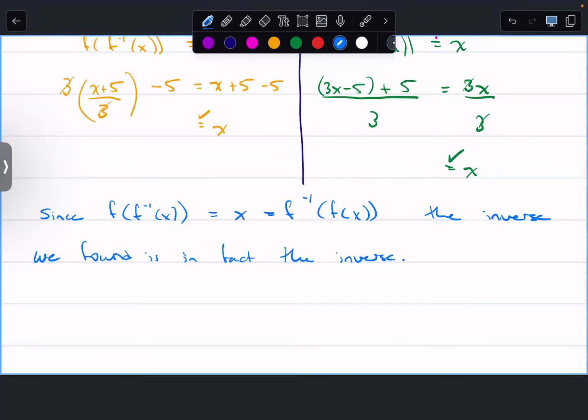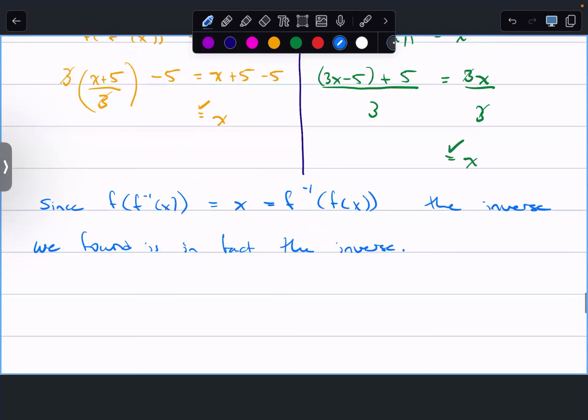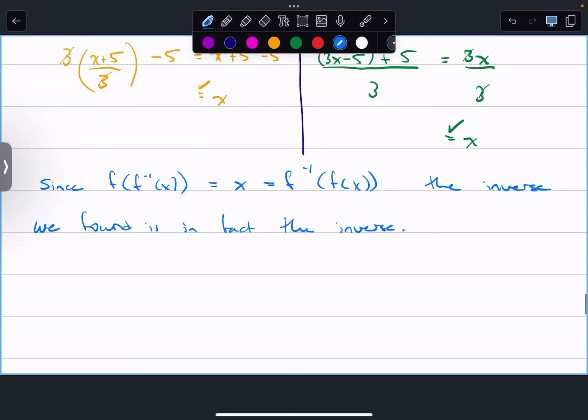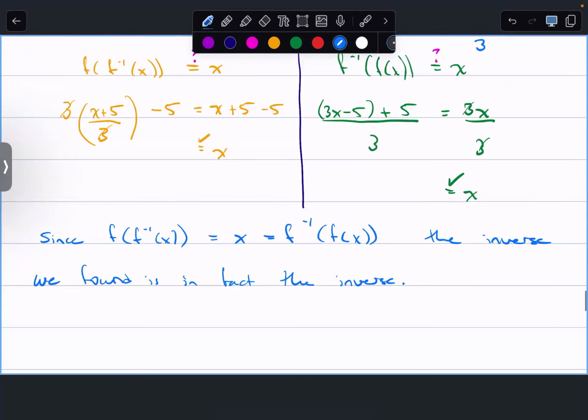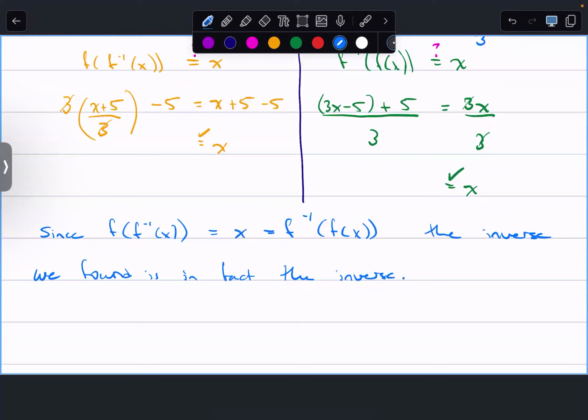You'll see something like that on the test for sure. So it's a nice mashup, compositions and inverses.